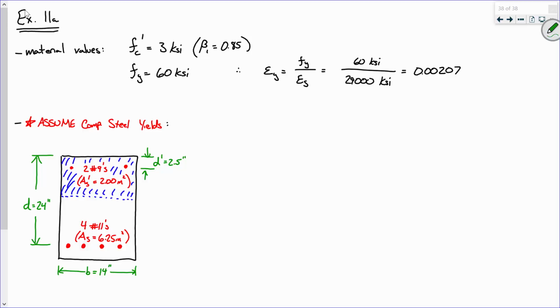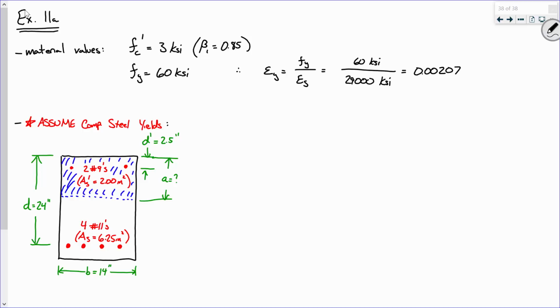So let me do this. This is d prime is 2.5 inches. So we still have the same question, a equals something, okay?